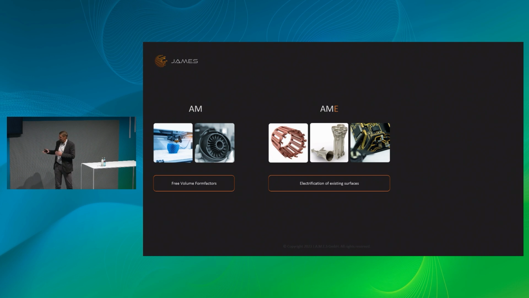The next step, which we call 2.5D in our world, is needed to come to real three-dimensional structures. Here we are talking about adding electrical requirements. This means printing on surfaces or having those MID structures, molded interconnect devices. That is the first combination of electronic and mechanical requirements.